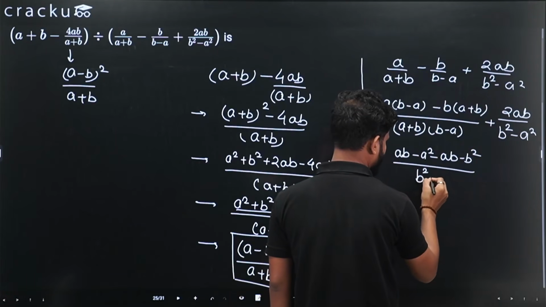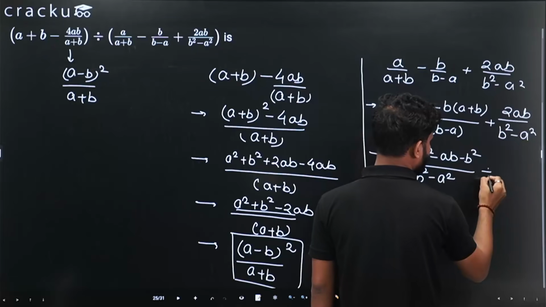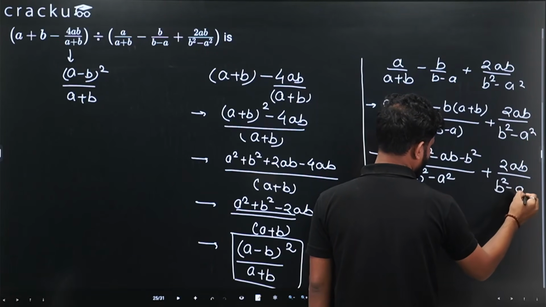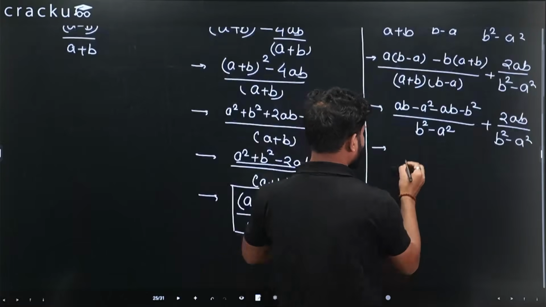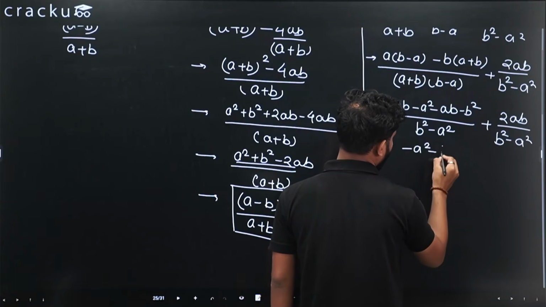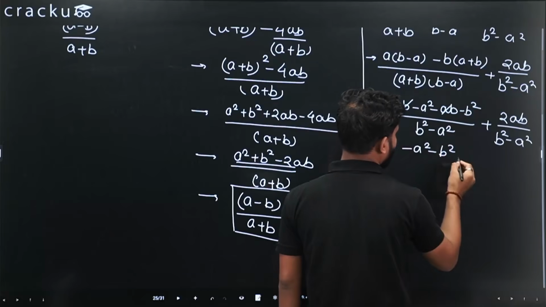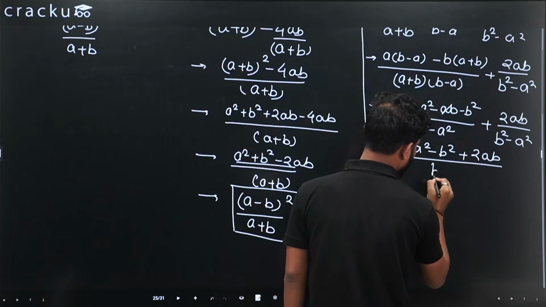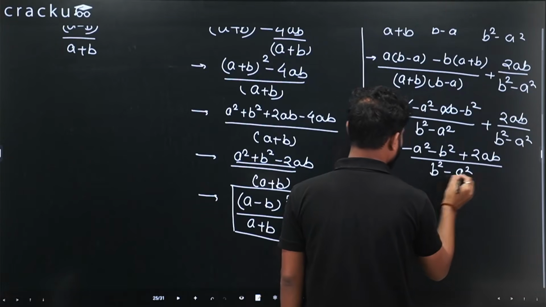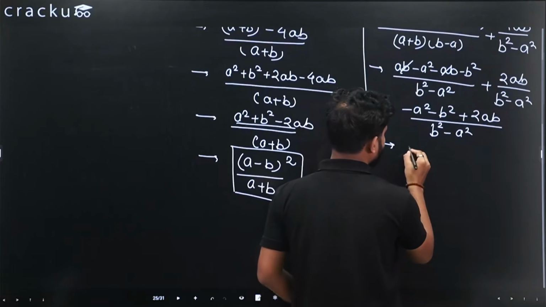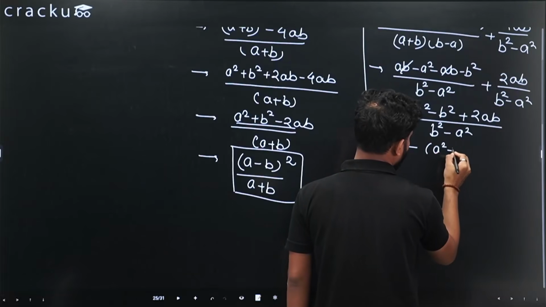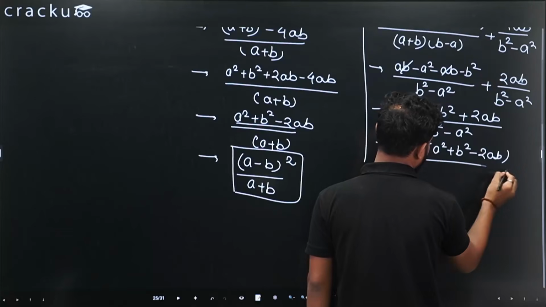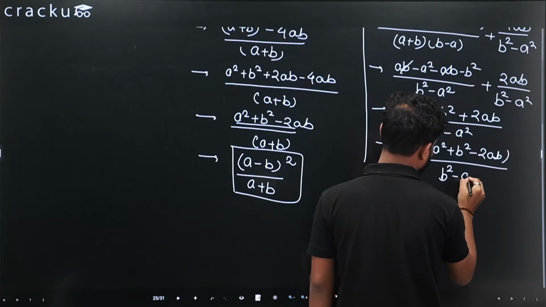This is nothing but B square minus A square plus 2AB upon B square minus A square. Right? This is nothing but minus A square minus B square, AB will get cancelled, plus 2AB upon B square minus A square. From here I can write minus of A square plus B square minus 2AB upon B square minus A square.